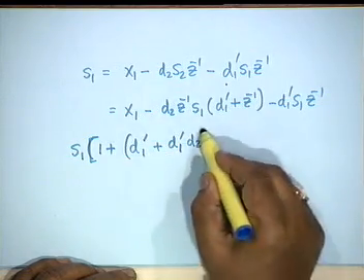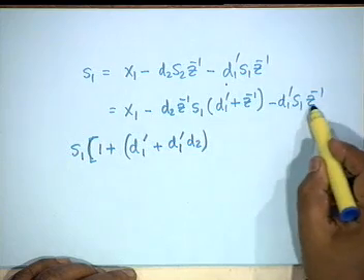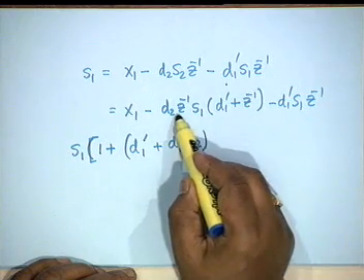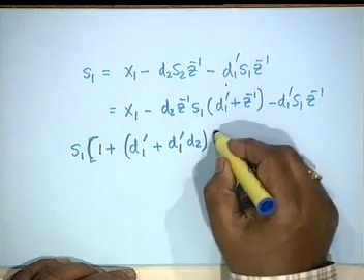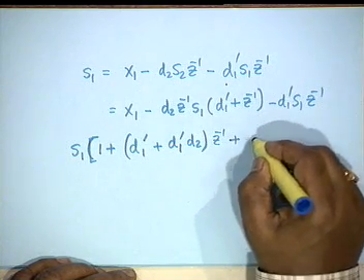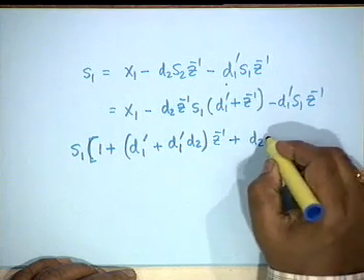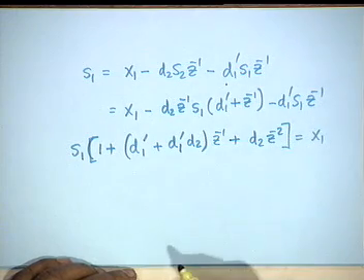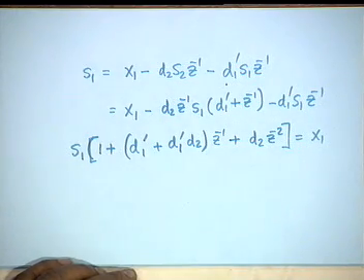There are 2 terms, D1 prime Z inverse. There is also a term here, D1 prime D2 Z inverse, okay, Z inverse, then plus D2 Z to the minus 2 is equal to X1. Right hand side there is a solitary figure X1.